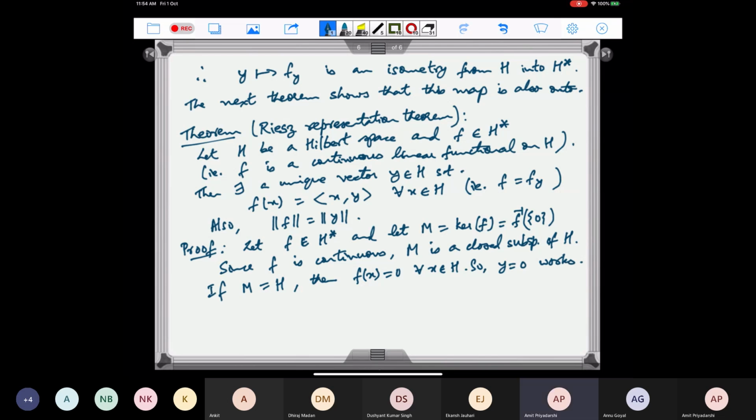Right. So for the 0 functional, this is of course true. If it is non-zero functional, then only we have to see how to get this y.